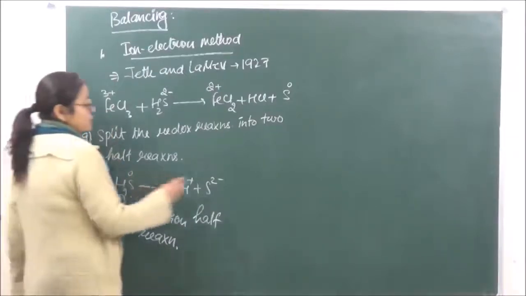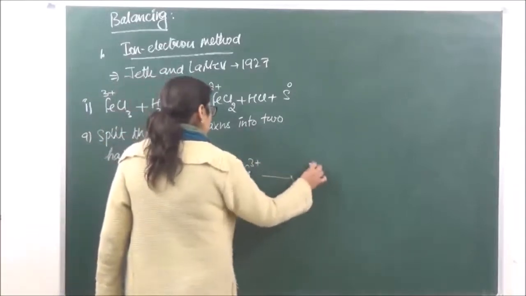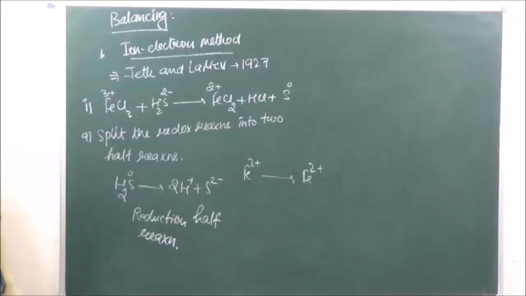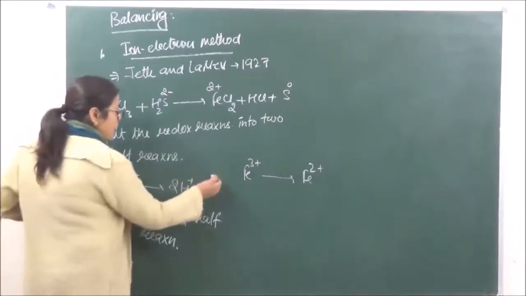And the second reaction which we have, Fe3 positive, is going to convert into Fe2 positive. So there is a decrease in oxidation number over here. This is going to be again what? I am saying it wrong. Here 2 negative will come and here 0 will come.